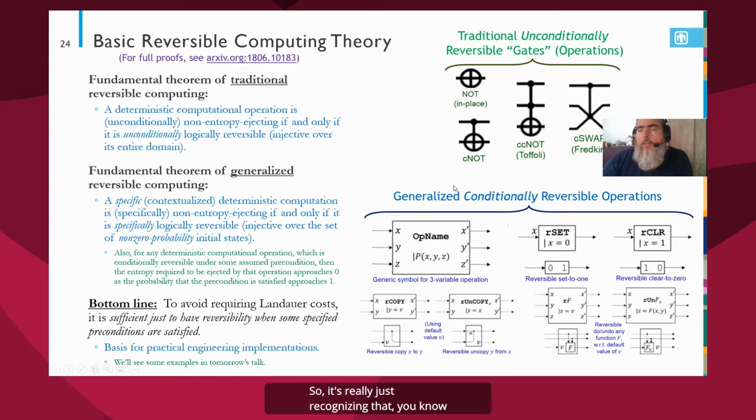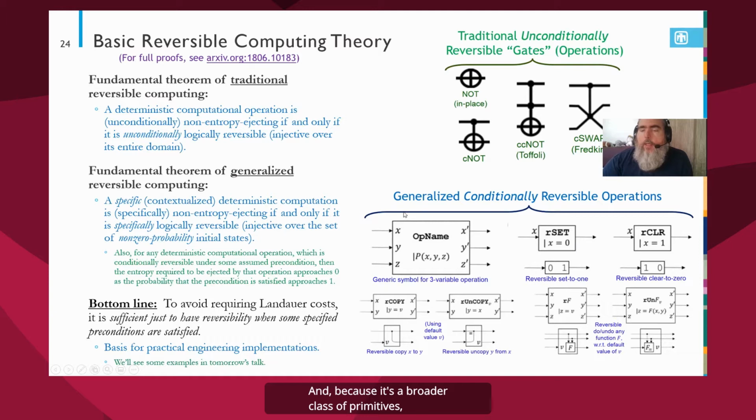So it's really just recognizing that what we're trying to do in this traditional paradigm for reversible computing is stronger than necessary, and that it's perfectly acceptable to build a computer out of primitives like this that are reversible when some precondition is satisfied, as long as the design of your system ensures that those preconditions are satisfied. And this is what we're doing when we're building adiabatic circuits, actually: we're using primitives in this more general class.